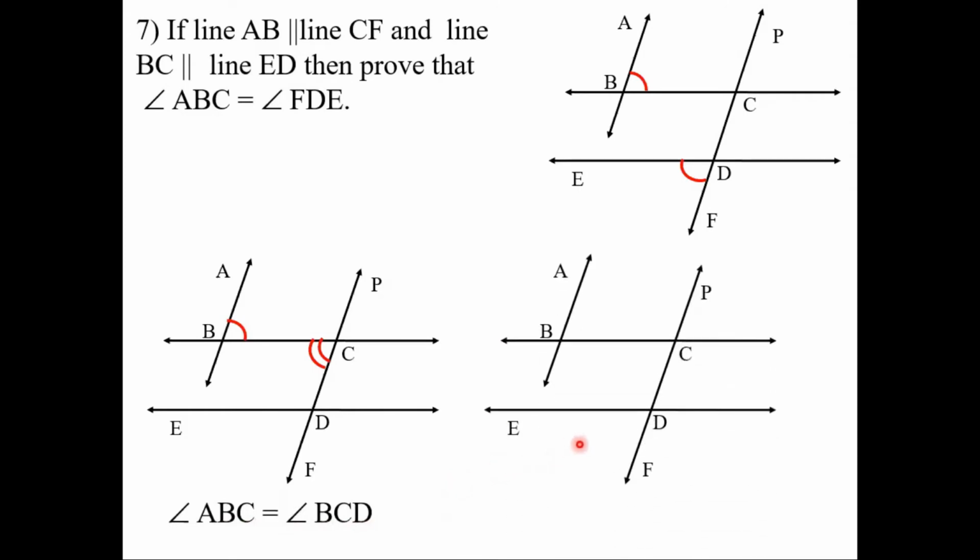Next, we also have a relation between angle BCD and FDE, because again these two angles, angle C and angle D, are corresponding angles. So, angle BCD is congruent to FDE because these two angles are corresponding angles.